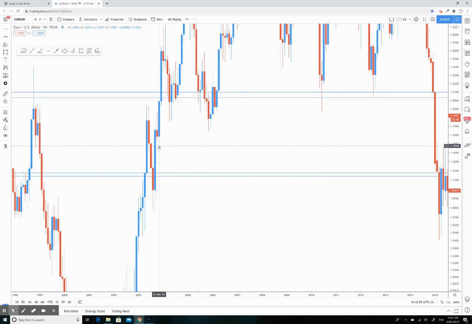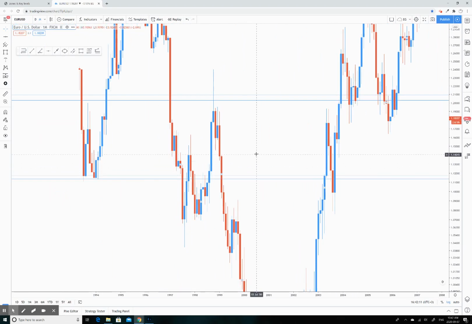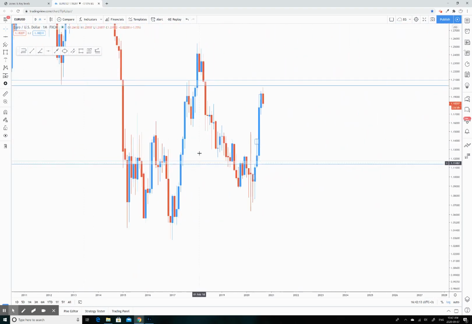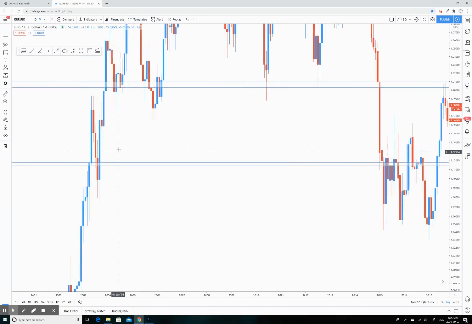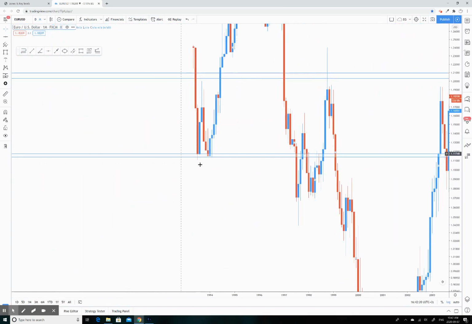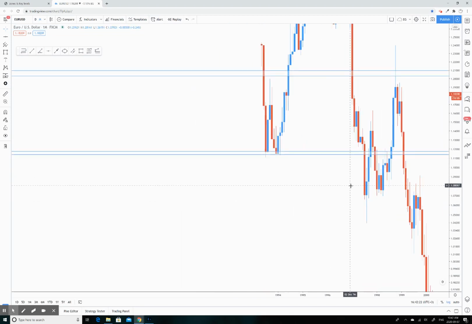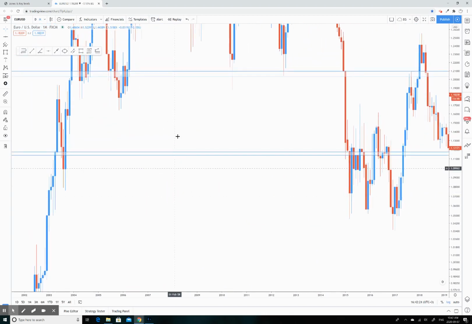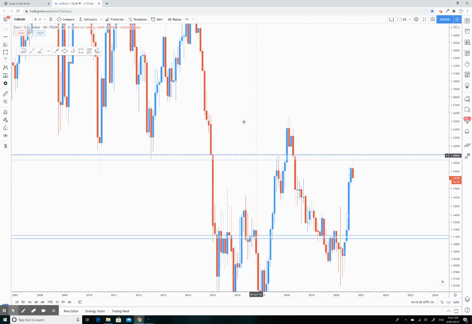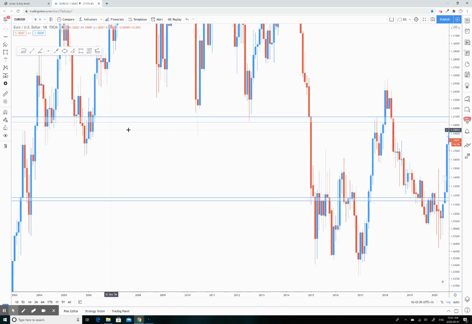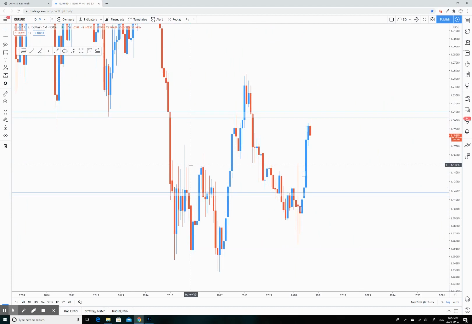Right? Price is really not respecting this level all too often. We can see so much price action happening here where it wasn't. Yes, of course, it has probably been respected at least once in the past, but it's not like our major reversal area we found before, our key level that we found before where it was respected multiple times.